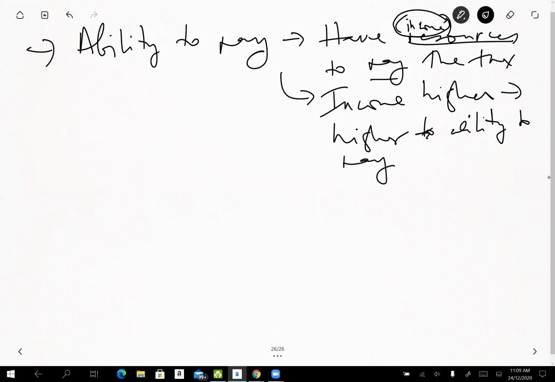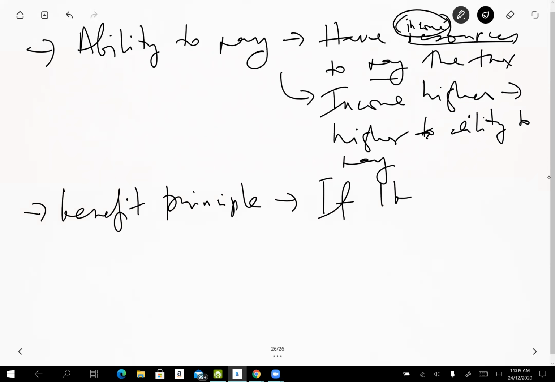What is the other? The other principle is the benefit principle. Benefit principle means if I benefit more, then I pay more.